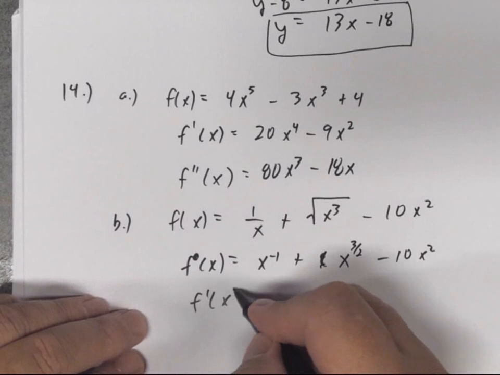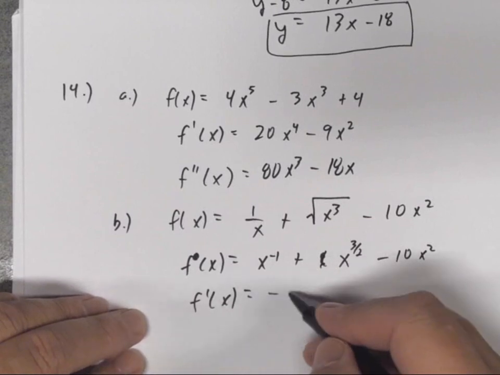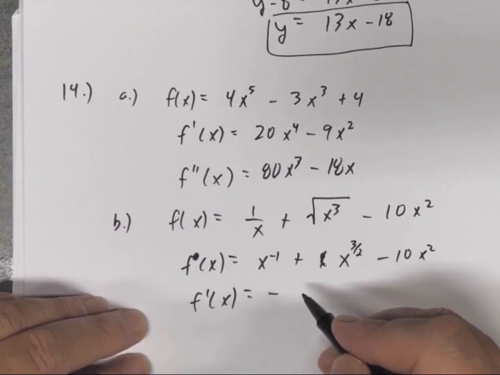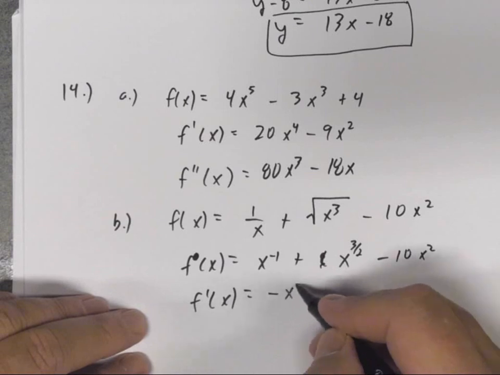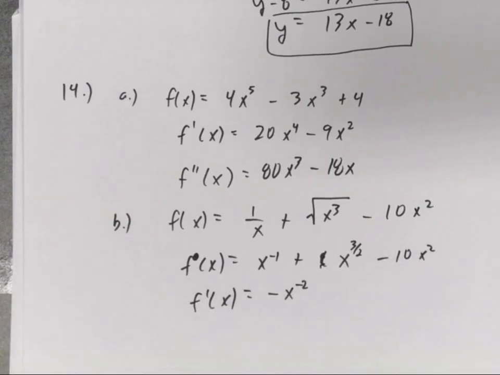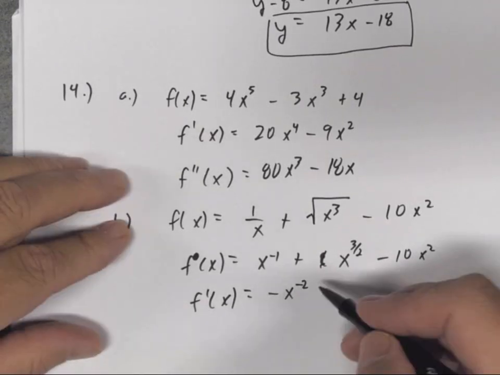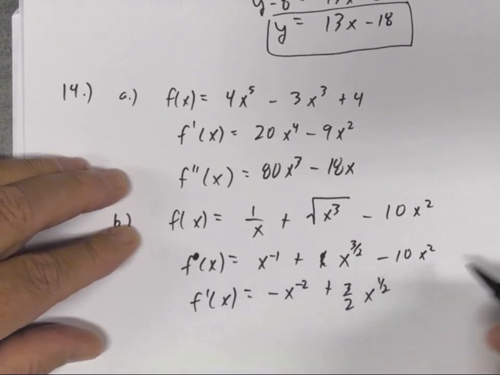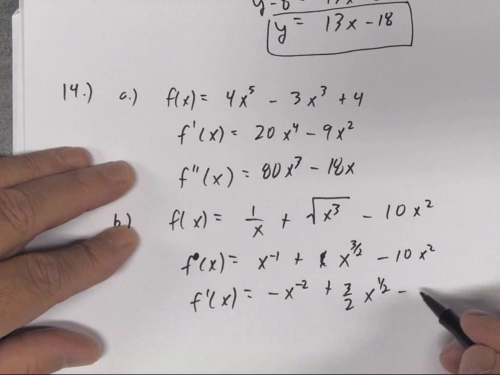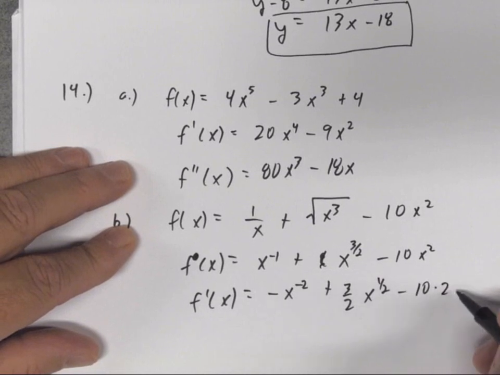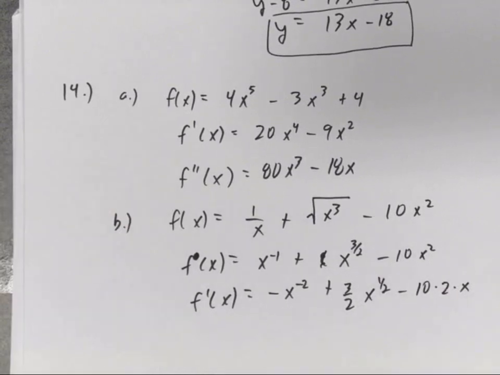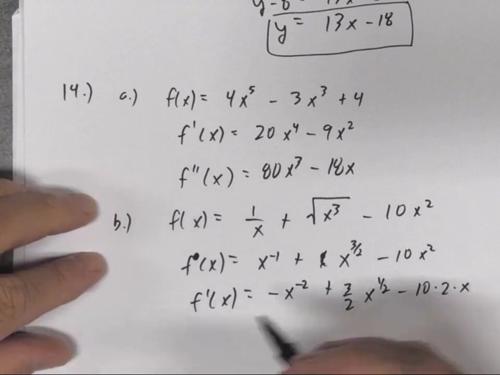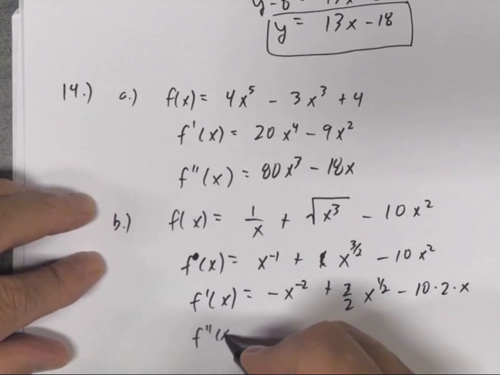Now the derivative. Minus 1 comes down front, you subtract 1. For this one, the 3/2 comes down front, and you subtract 1. For this one, except now we want to take the second derivative.